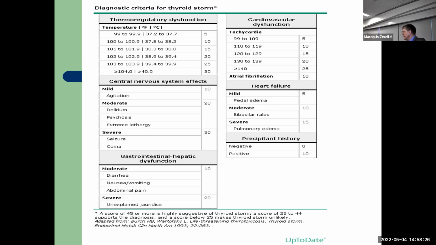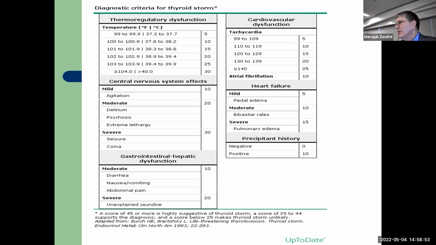That's just an ICU patient. Got nothing to do with the thyroid. If you added the thyroid, those points would be much higher. That's why I don't like the scales, because basically you could say every ICU patient is probably in impending storm, even if they have normal thyroid functions, I guess, which is totally ridiculous, right?